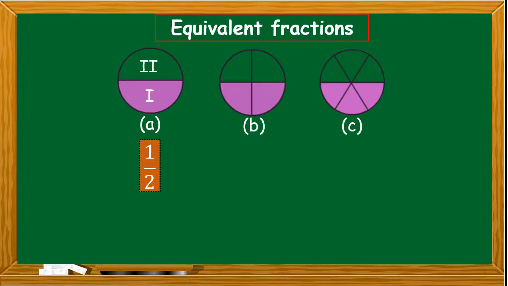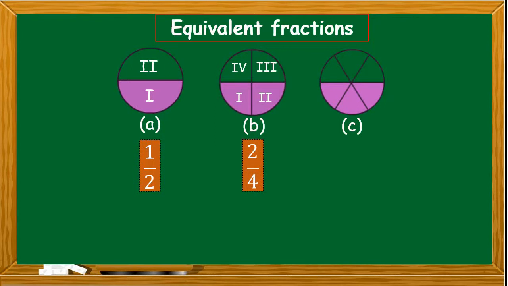Now, circle B has been divided into 4 equal parts. Out of 4 equal parts, 2 parts are shaded. Therefore, the fraction for the shaded region of circle B is 2 upon 4.